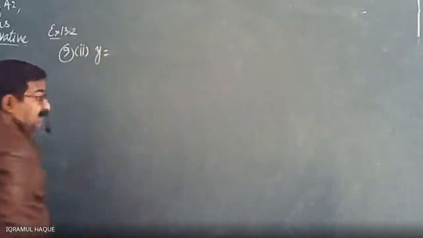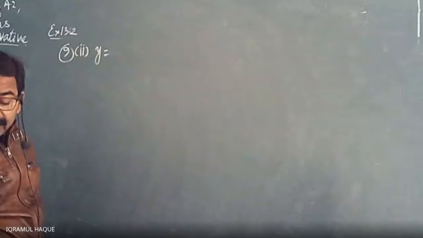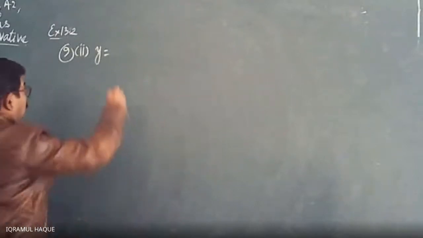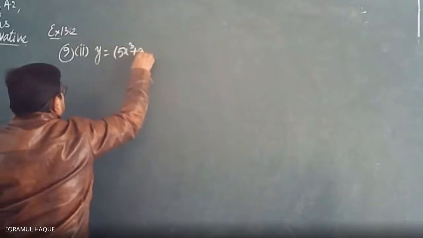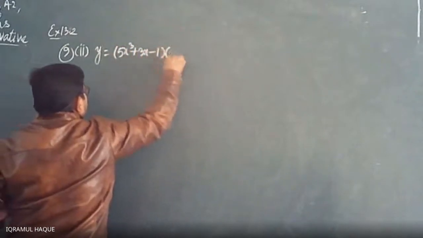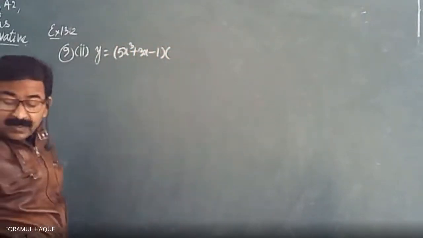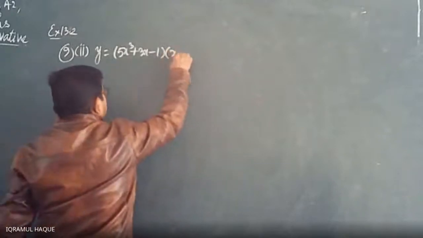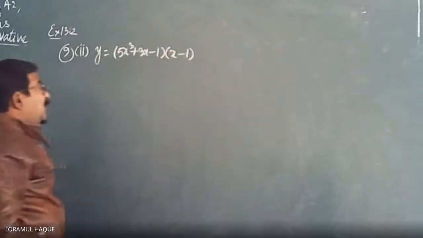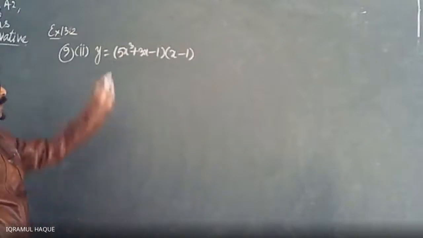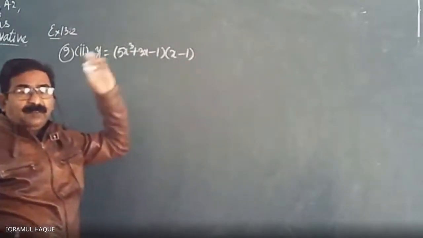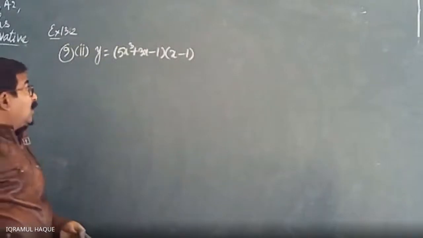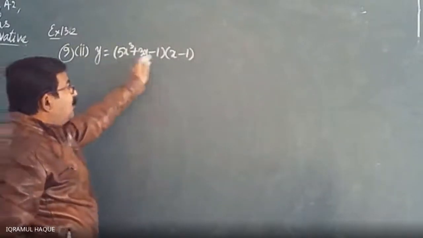y is equal to (5x cube plus 3x minus 1) into (x minus 1). So this can be solved by two methods. Either you can multiply both the brackets and find the derivative of all together, or you can use the UV rule.